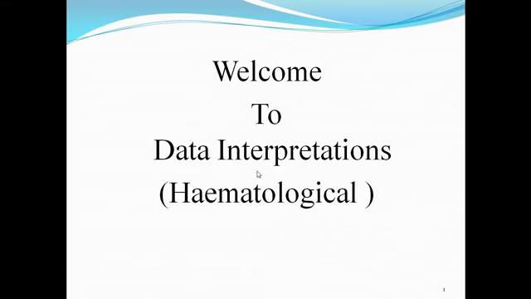So what is the importance of data interpretation in medical science? As you all know, whenever we manage a patient, at the very beginning we start from history taking, general examination, systemic examination, and on the basis of these we perform some investigations.